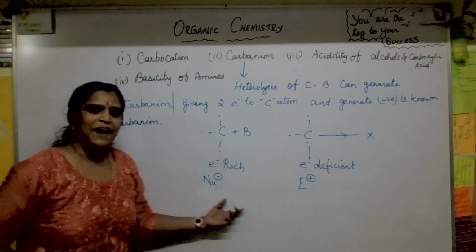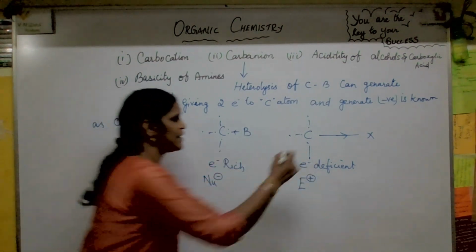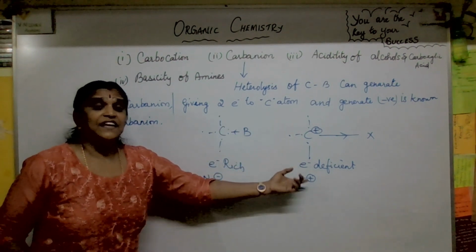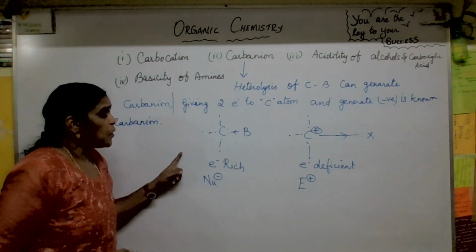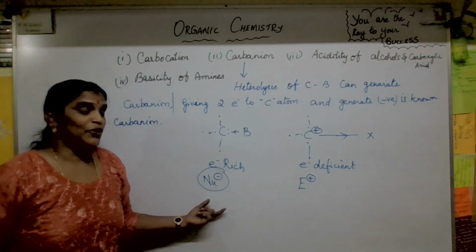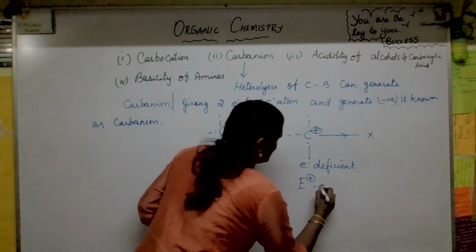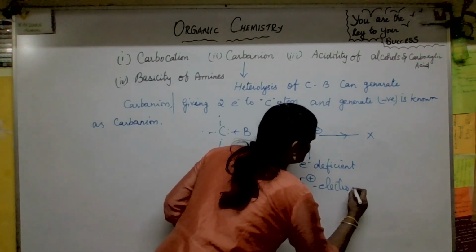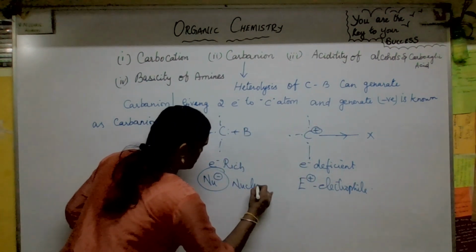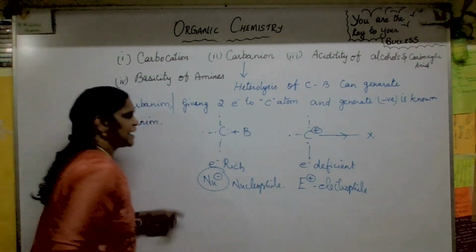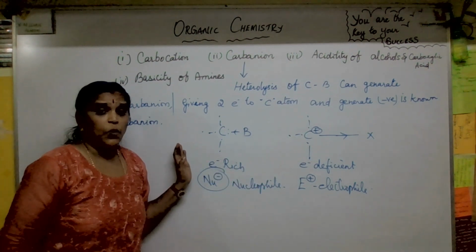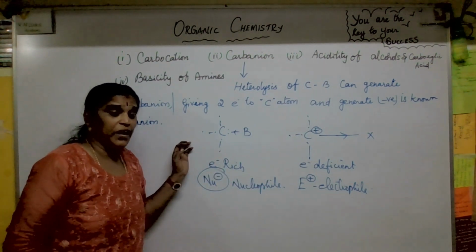Now, I hope you got a complete idea about what is carbocation and what is carbanion. Carbocation is nothing but electron deficient, and carbanion is nothing but electron rich, which is also known as nucleophile, and this is electrophile. How many electrons are present in the carbocation and carbanion?